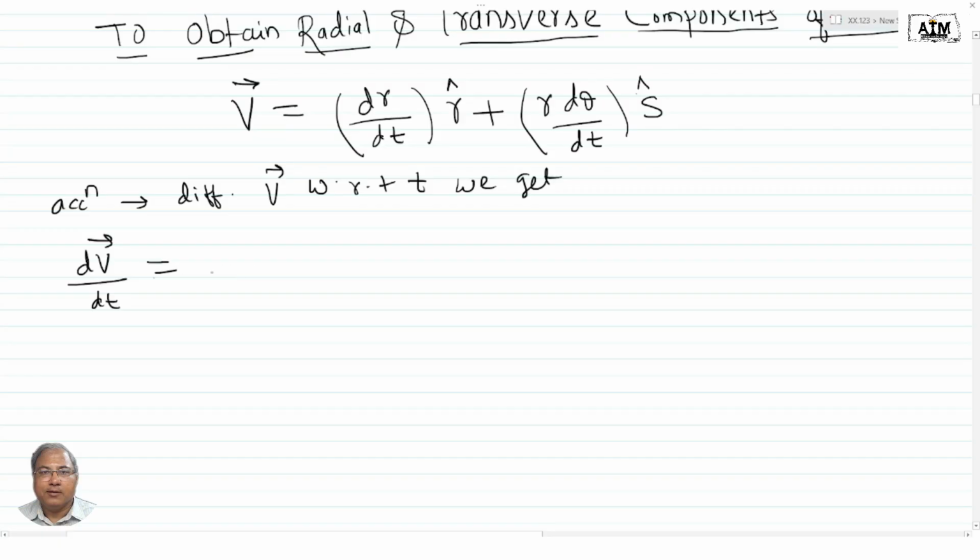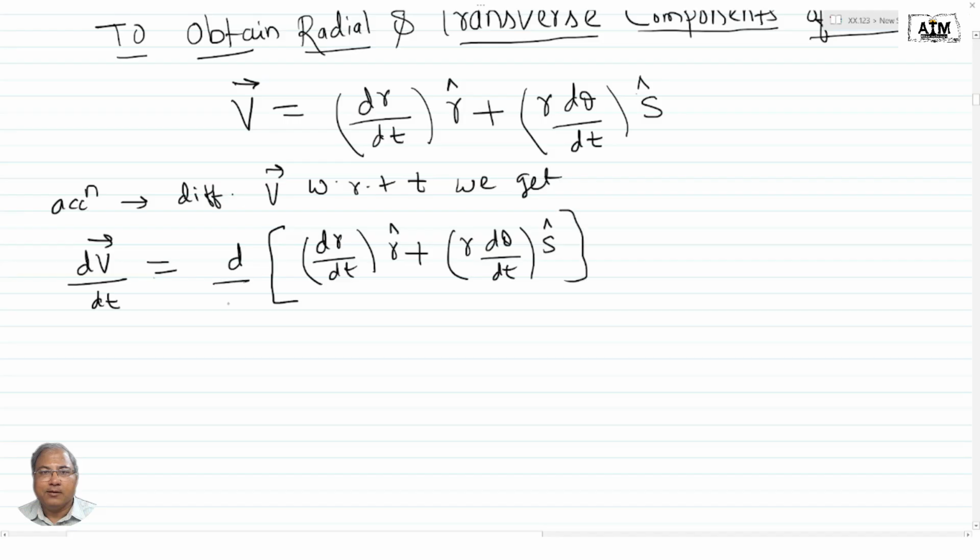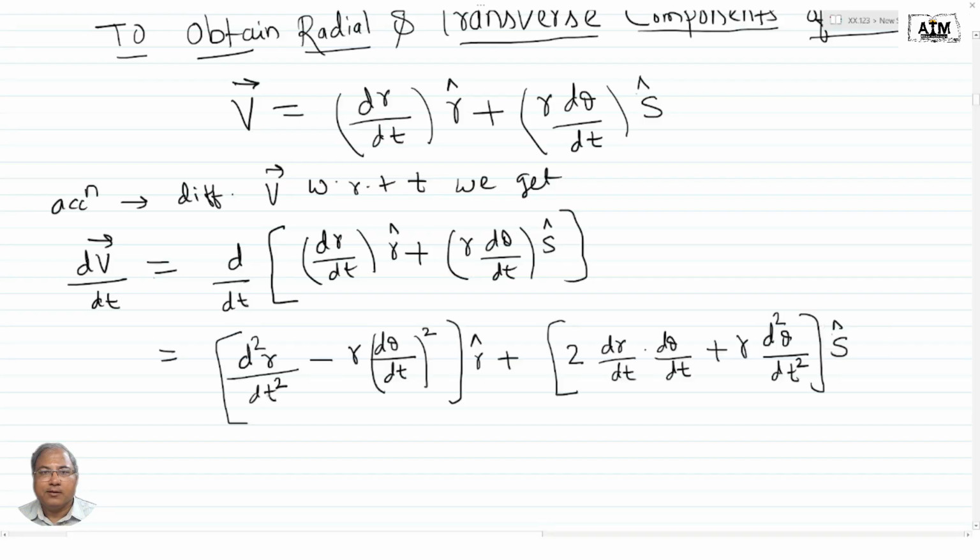So differentiation of v with respect to t equals differentiation of dr by dt multiplied by r cap plus r d theta by dt multiplied by s cap with respect to t. So after differentiation and simplifying, I have directly written it here.